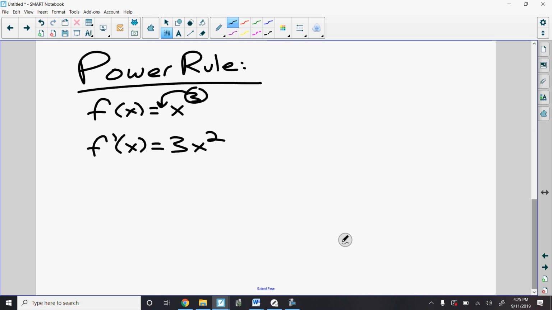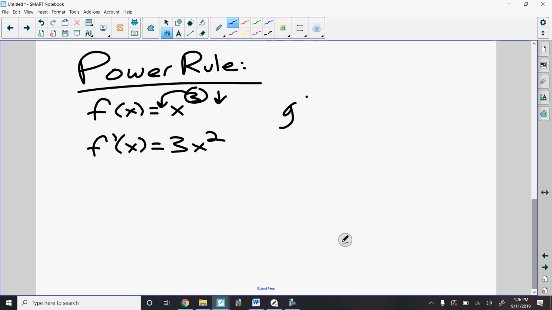There wasn't a coefficient written there, but the coefficient is really 1. So 1 times 3 makes 3. We multiply the power out front and then reduce the power by 1, and that gave us 3x squared.